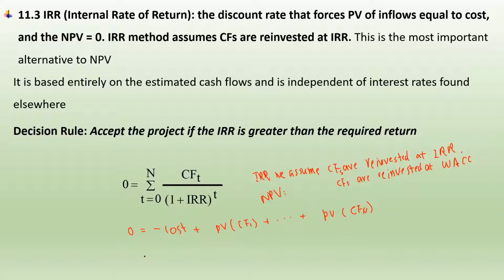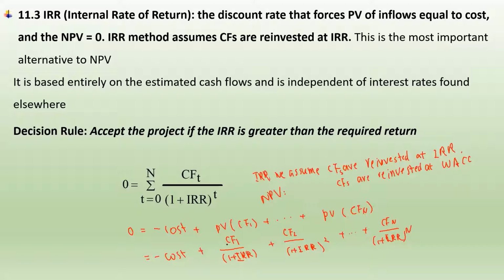We can rewrite this in formulas: cash flow 1 discounted by 1 plus IRR, the second cash flow discounted by 1 plus IRR to the power of 2, and keep going, to the power of n.